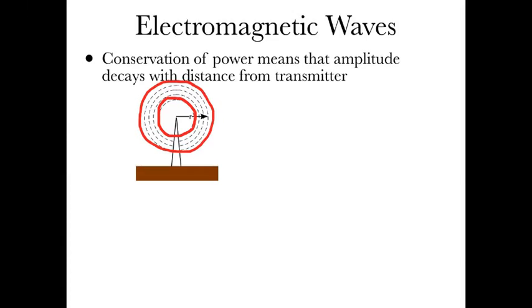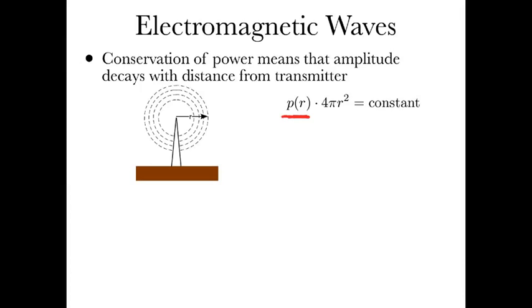However, this is a bigger surface area out here than in here. Consequently, the power at a given distance from the transmitter has to go down. We must have the result that the power at any given distance from the transmitting tower times the surface area of the sphere has to be a constant.